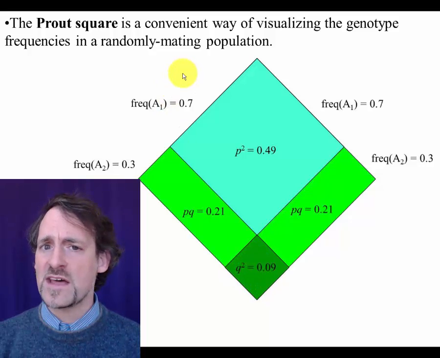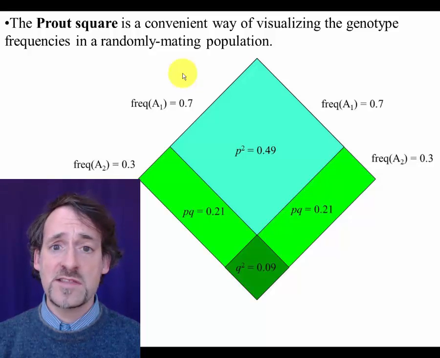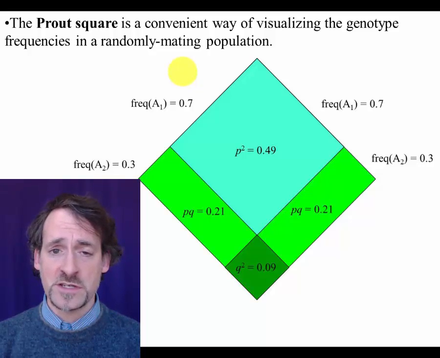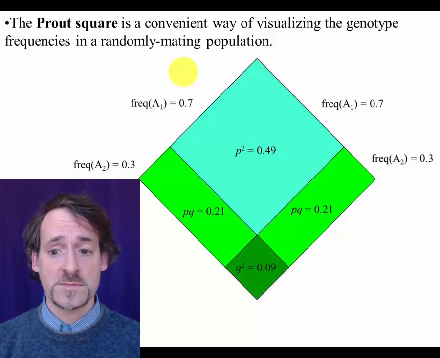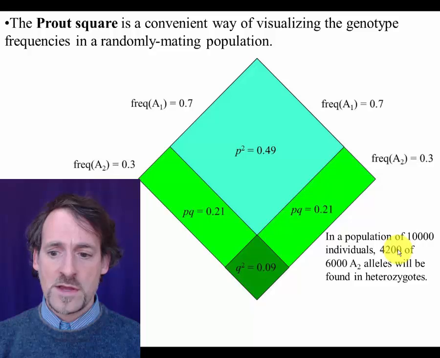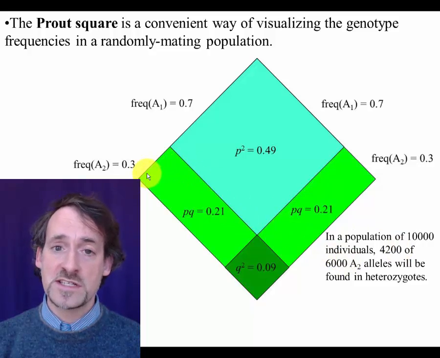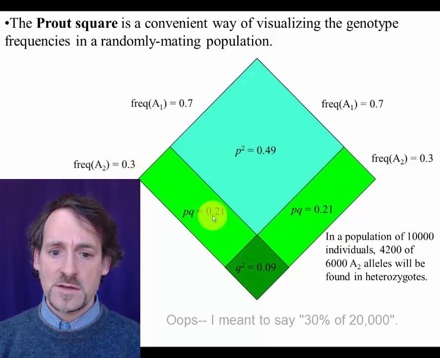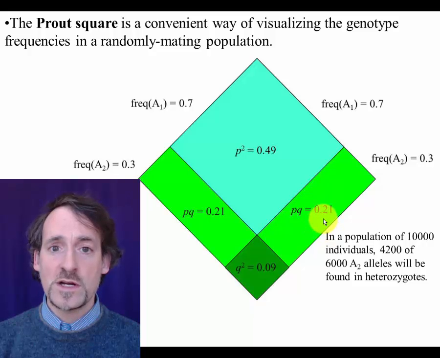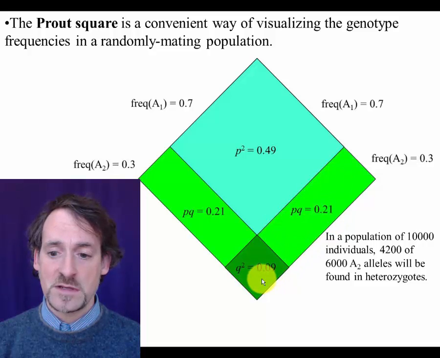We can sketch out the math pretty rapidly. Let's suppose there are 10,000 individuals in this population. That's 20,000 alleles because each individual has two alleles. There are going to be 6,000 A2 alleles because 6,000 is 30% of 20,000. 0.21 plus 0.21, that's 0.42, or 4,200 of those alleles will be found in heterozygotes.